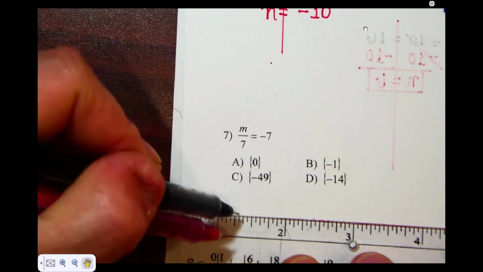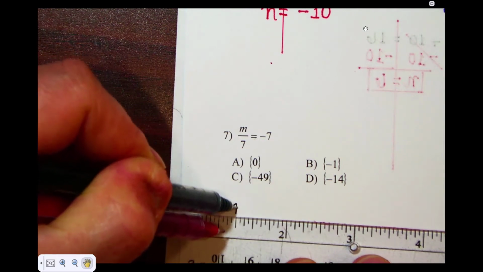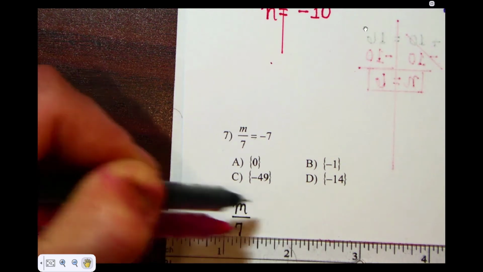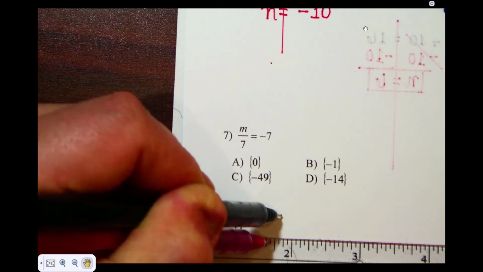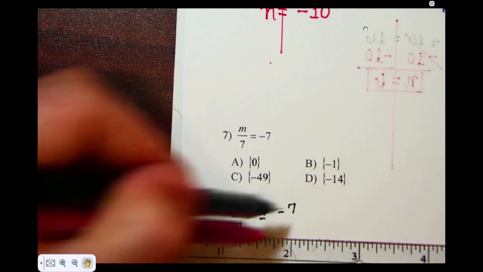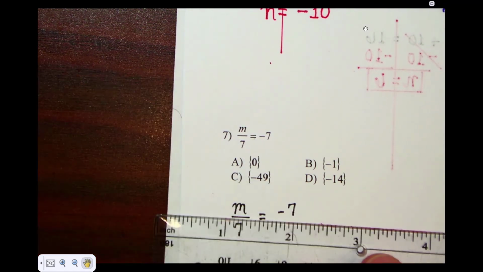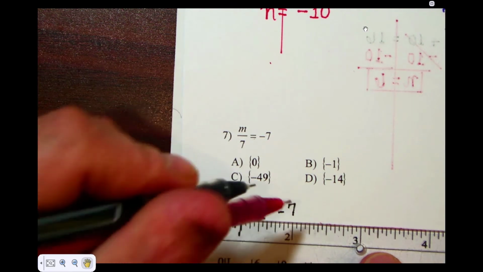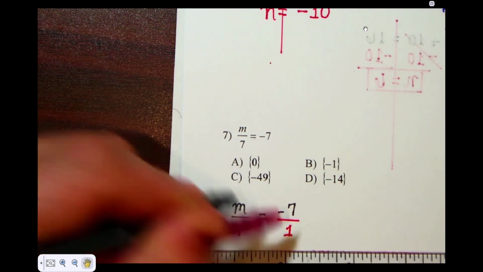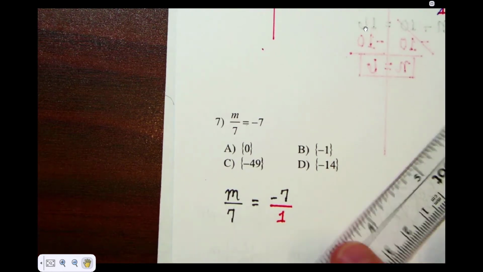So let's show the algebra. M over 7 equals negative 7. Okay, now I'm kind of cheating here because I'm writing it in a way. The first thing I want you to do is to put this negative 7 over 1. And that's going to save you in most cases.